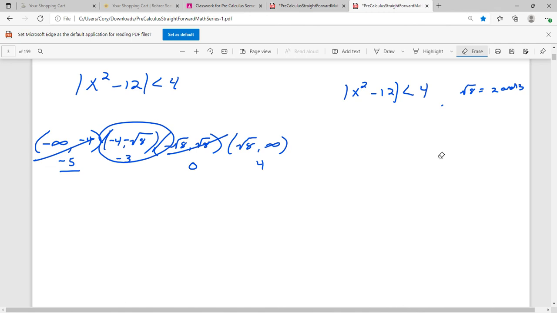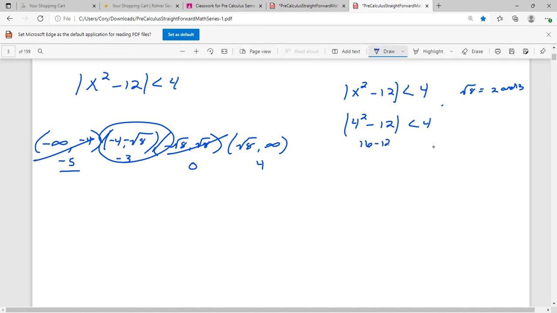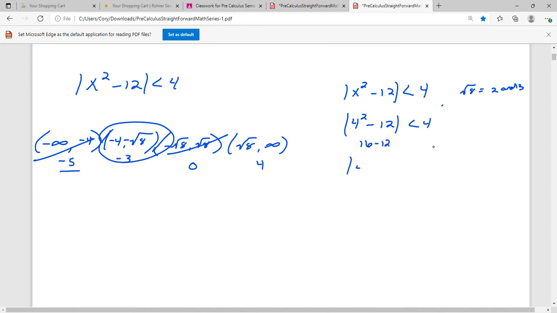Alright, and last one, we got to plug in 4. So 4 squared minus 12, absolute value of that is less than 4. 4 times 4 is 16 minus 12, which would be absolute value of 4, right? Is 4 less than 4?